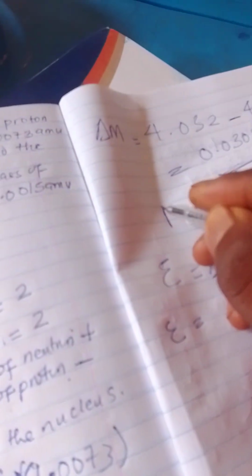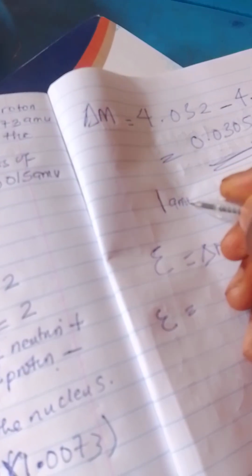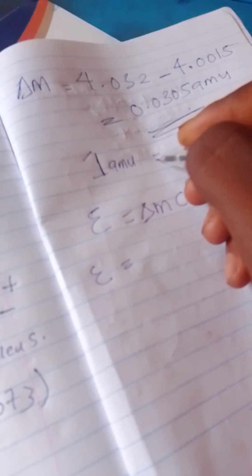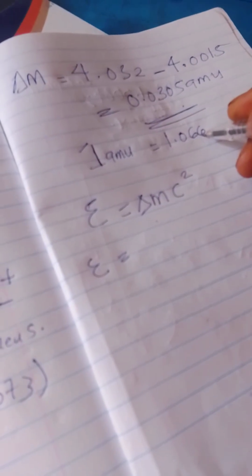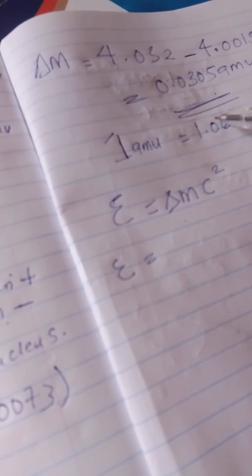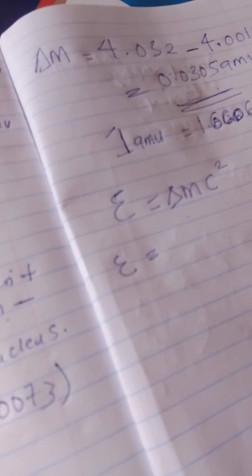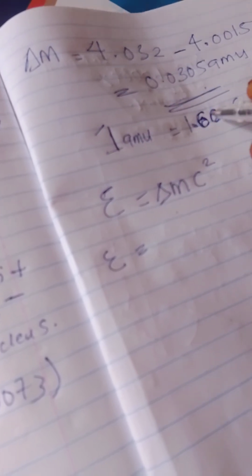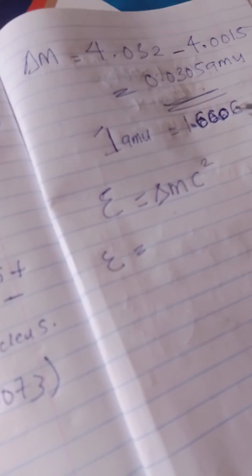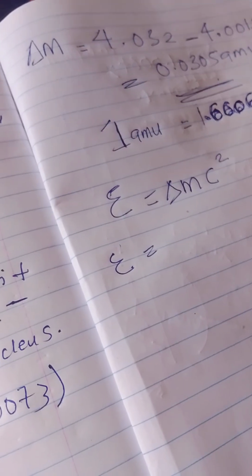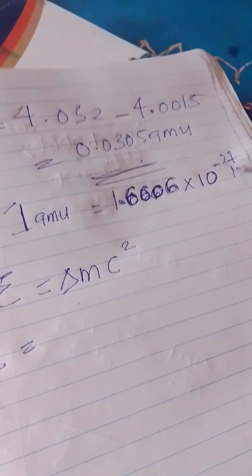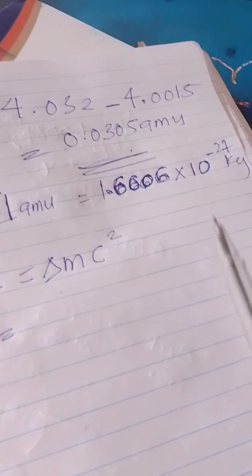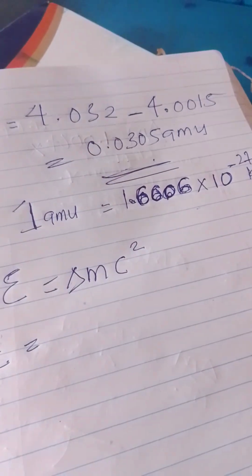So don't forget, 1 AMU is equal to 1.6606 times 10 raised to power minus 27 kilogram.